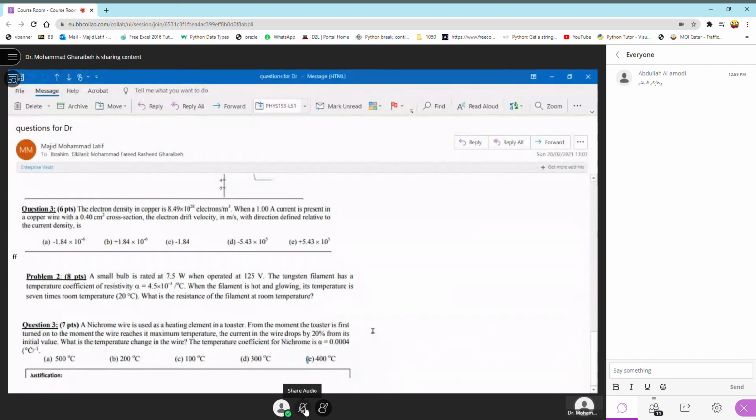That gives you the resistance at that time, which is 1 over 0.8 of R0, the initial one, which is at room temperature, which is 20 degrees. And then you calculate it, and we'll find how much that value is.